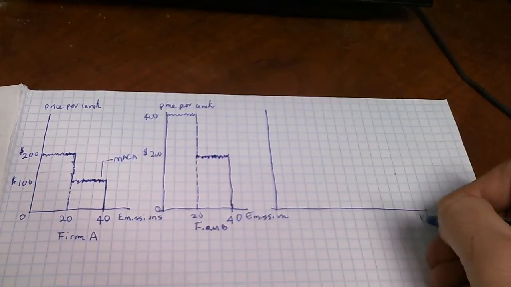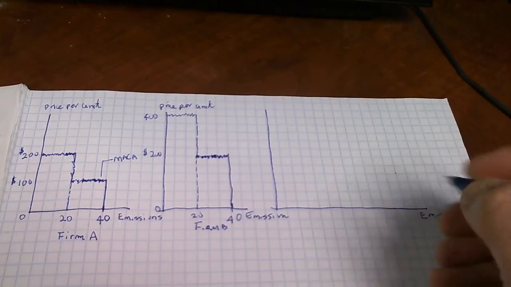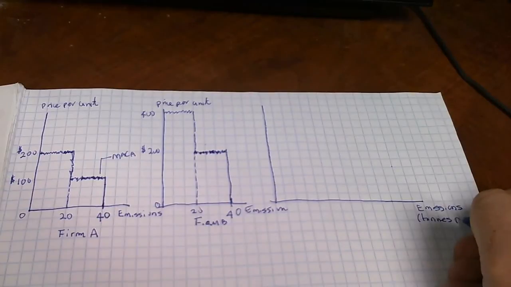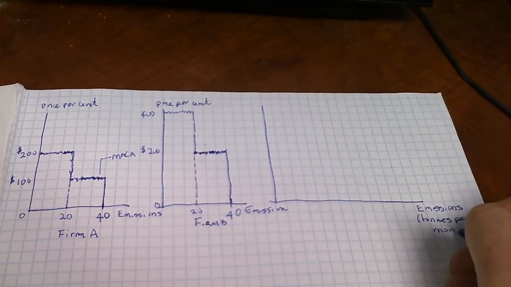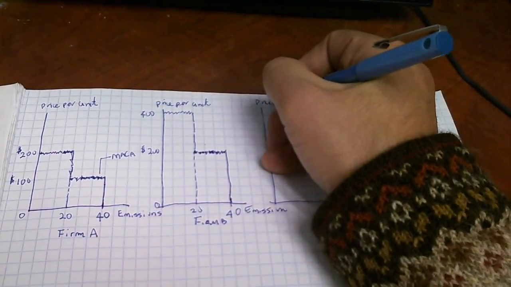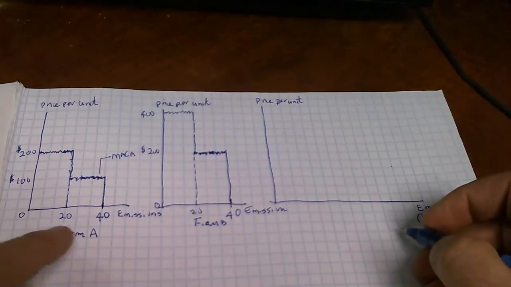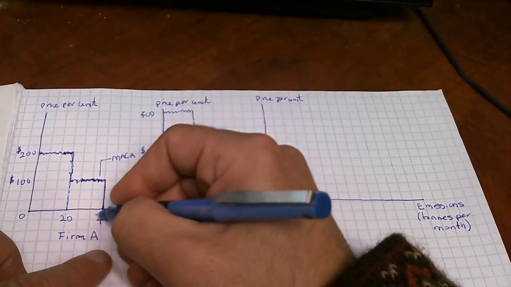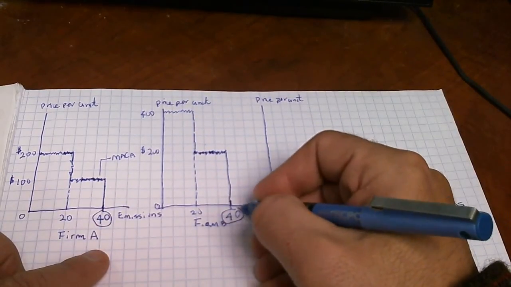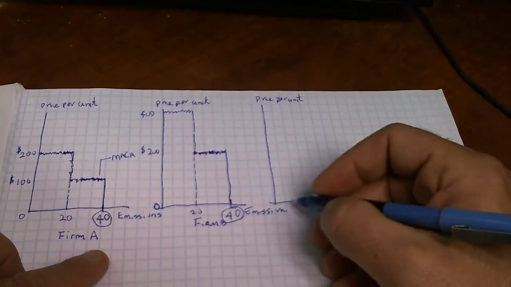marginal abatement cost curve? So here's total emissions, measured in tons per month, or per day, or per hour, whatever the units of measurement are. And here's the price again, or cost per unit. So if these firms were left completely unregulated, this firm will be emitting 40 tons, and this firm will be emitting 40 tons, and it's costing them nothing to emit.